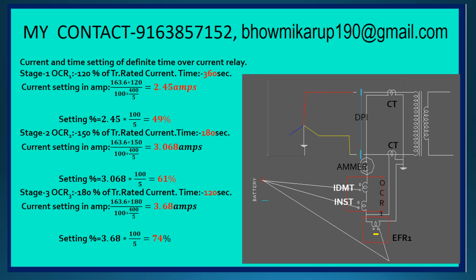The rotating disk is provided with a movable contact, but in the microprocessor based system, they are all programmed in the software, and according to the data collected from the CT, they will give command accordingly to the relay contact.